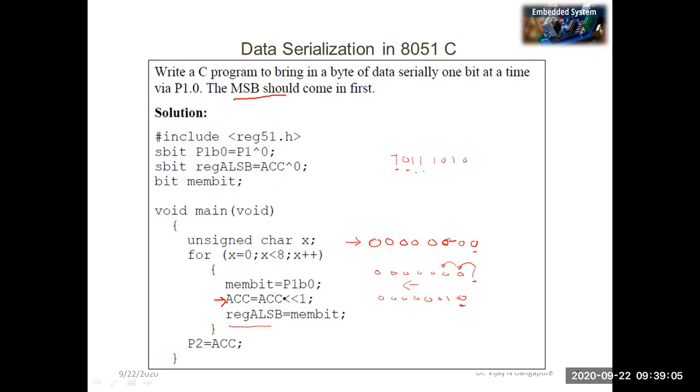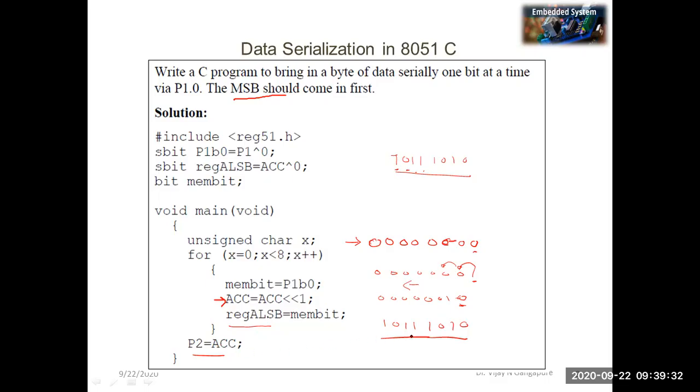After execution of this loop 8 times, all the data will be available in the accumulator, that is 1011 1010. This data being inputted on pin number 0 of port 1 will be available in the accumulator, and that finally we are outputting to port 2.